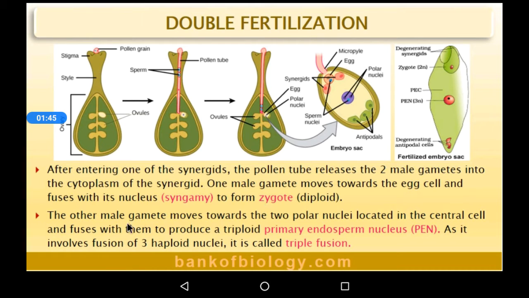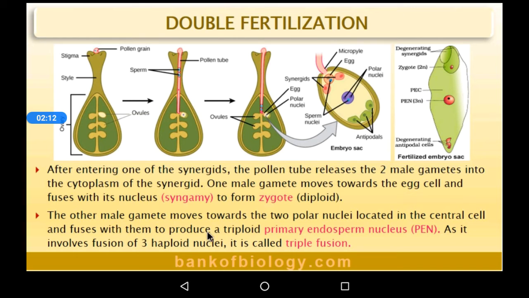The other male gamete moves towards the two polar nuclei located in the central cell and fuses with them to produce a triploid. How triploid? One nucleus is from the male gamete coming to the polar nuclei, and in the central cell two polar nuclei are there.